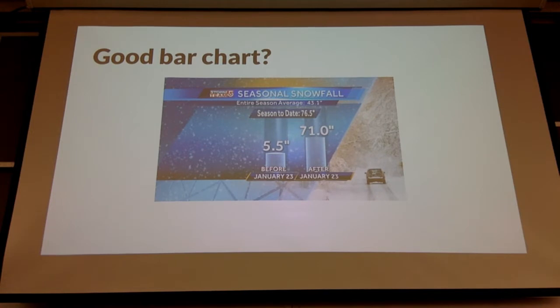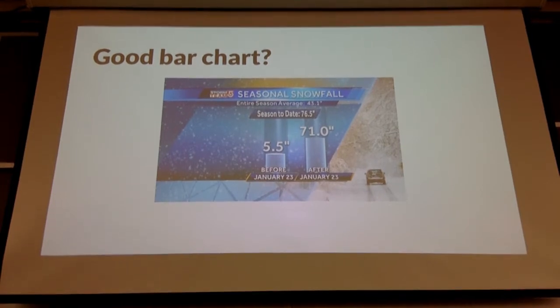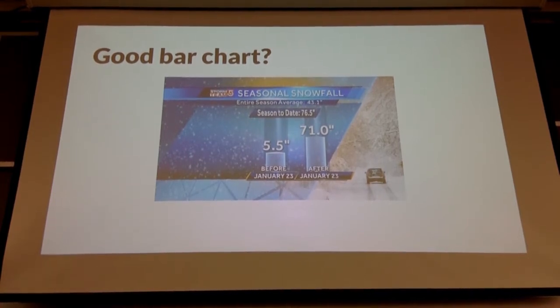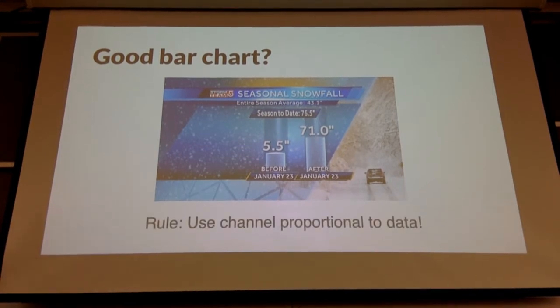Before January 23, there were 5 inches of snow, and after, there were 71 inches of snow. So it looks like 71 is about twice as much as 5. So the rule for channels is use them proportional to the data. We'll talk more about what has gone wrong here when we talk about design and how we design visualizations to faithfully represent the data.